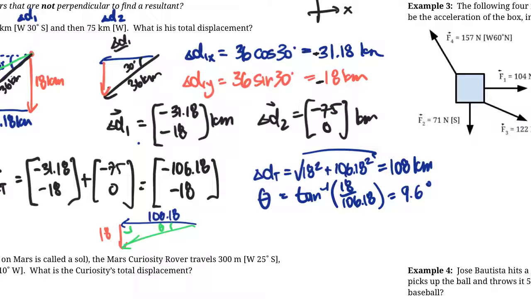So our final answer is that the total displacement is 108 kilometers. And if we think about the direction, it's going west and then a little bit south, right? So it's west 9.6 degrees south. There we go. A lot of work. Hopefully you're able to fit it all on the page. But that is our total displacement.